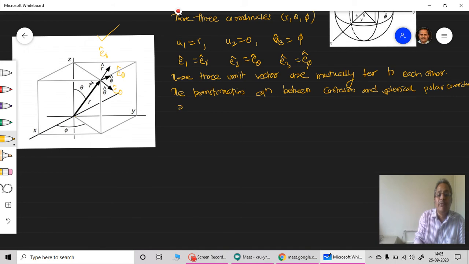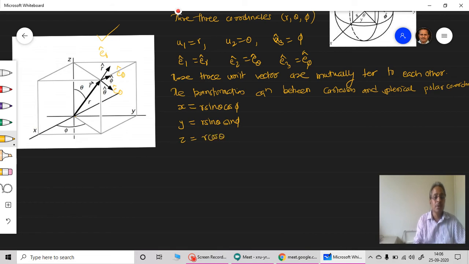We have not defined them earlier, but we know them. So the first one is x equals r times sine theta into cos phi. I don't know how many of you remember this. y is given to be r sine theta sine phi, and z is simply given to be r times cos theta. So these are the three transformation equations we are supposed to use.